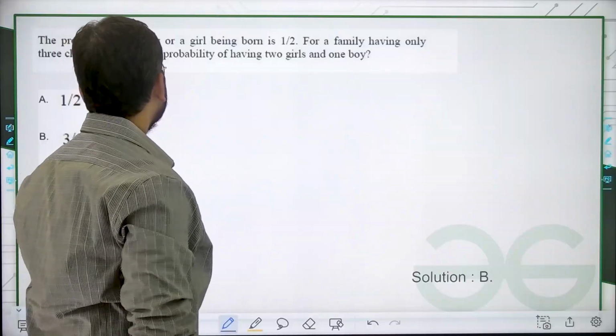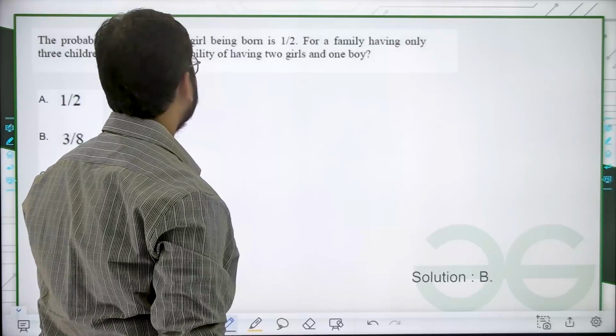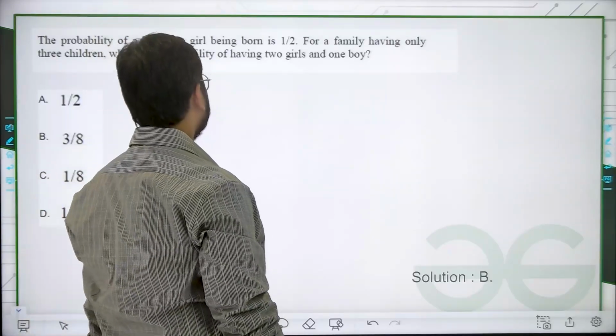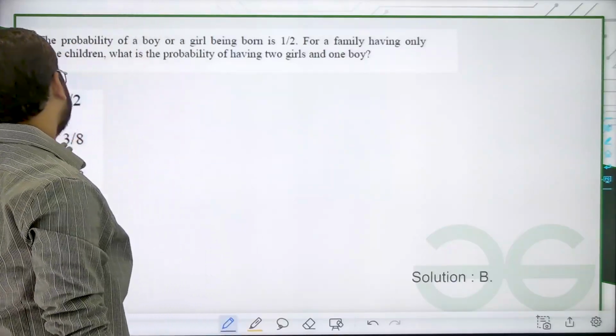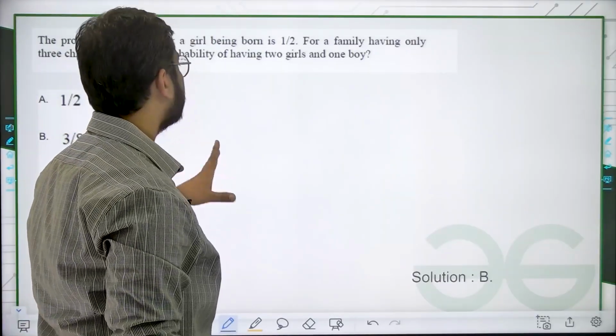Okay, the probability of a boy or a girl being born is 1 by 2. For a family having three children, what is the probability of having two girls and one boy? For this question, people get confused because they get two answers, either 3 by 8 or 1 by 4. I'm solving this for two girls and one boy.